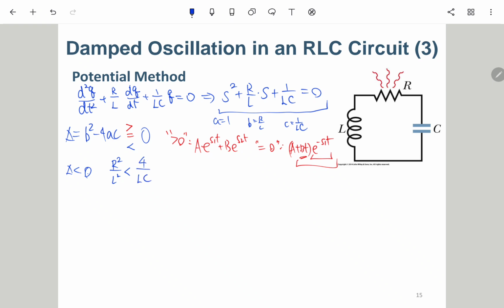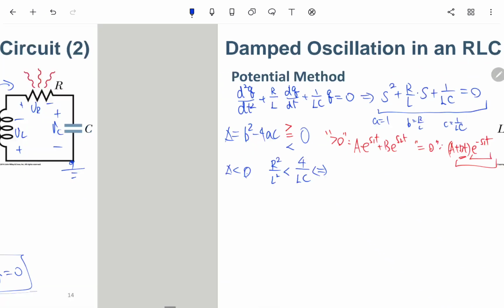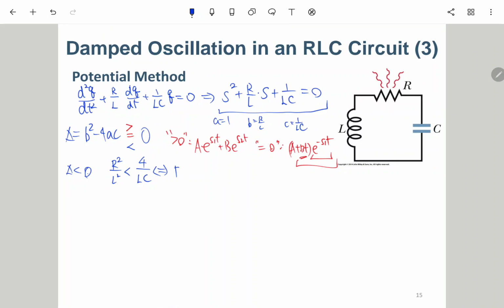This is equivalent to R squared being smaller than 4L over C: we just move L squared to the right side and cancel with the L. So we hope this R to be small enough so that this RLC circuit still oscillates.